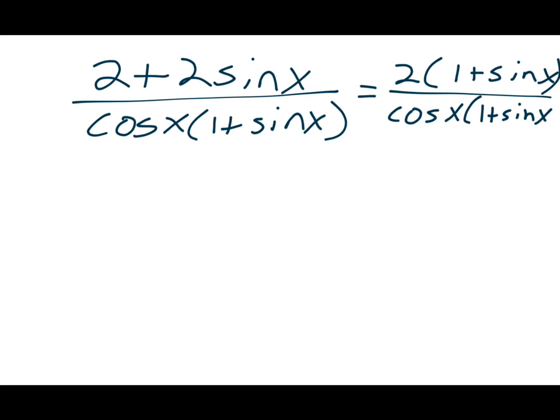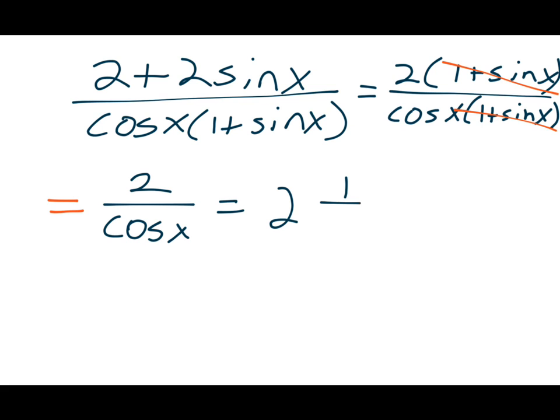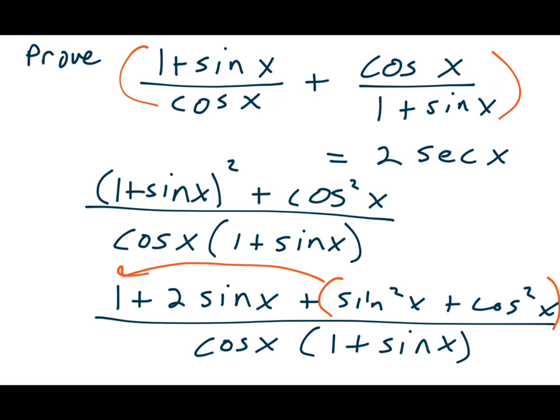What cancels? The 1 plus sine, and I'm left with 2 over cosine of x, which is 2 times 1 over cosine of x, which is 2 secant x, which is what we wanted it to equal right here.